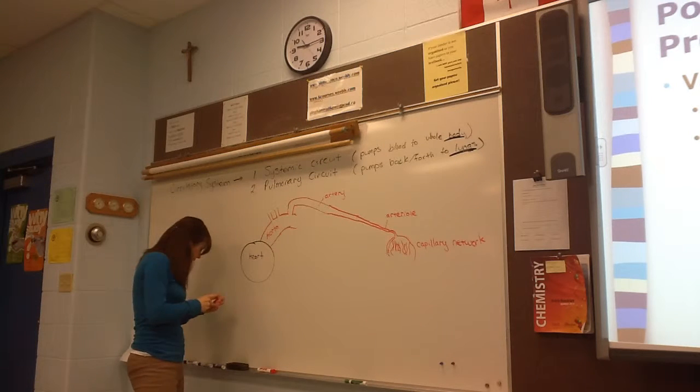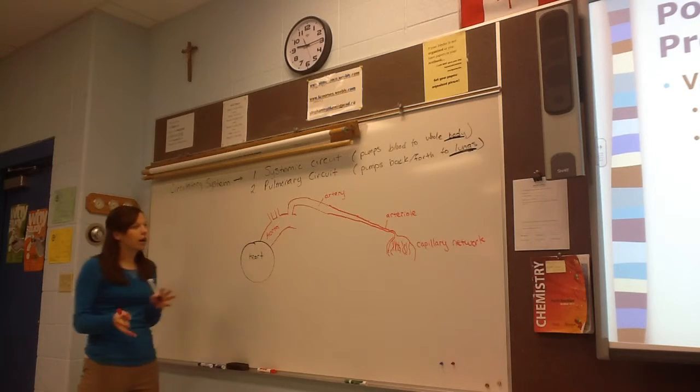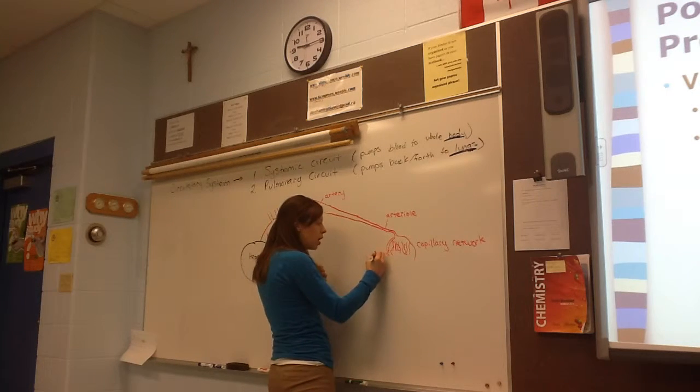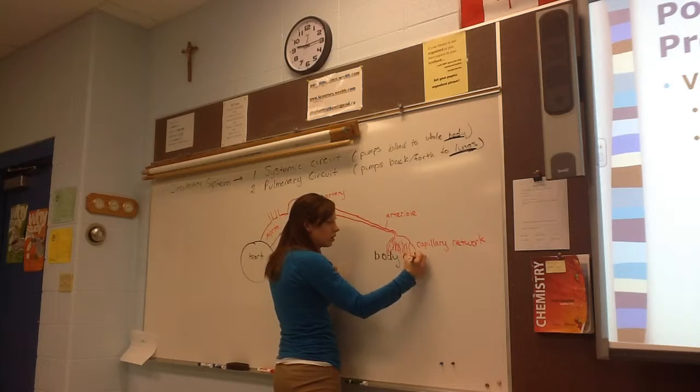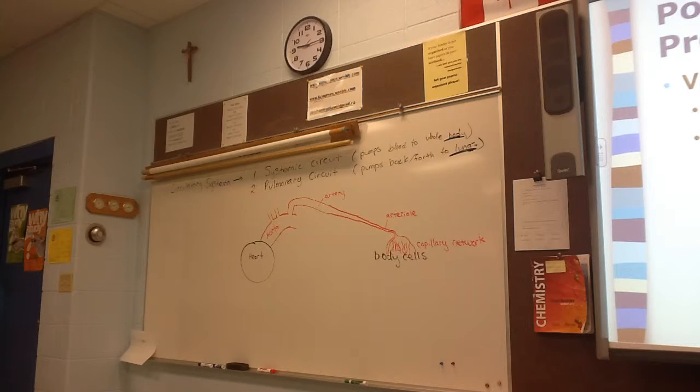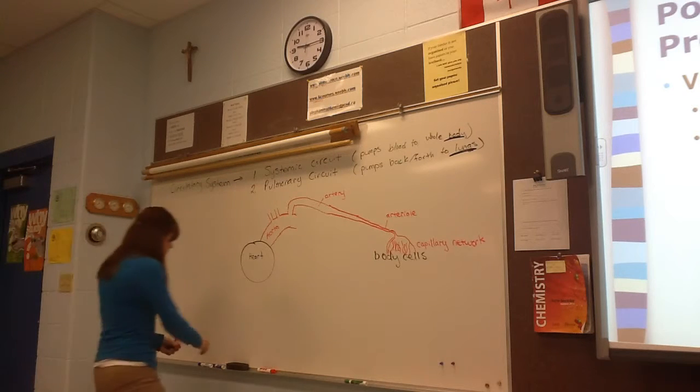So if this is oxygenated blood leaving the heart, this needs to go to all of our body cells. So this is the oversimplification now. Your sheet showed that it goes to the head and arms, internal organs, and legs. I'm just simplifying it and writing body cells for all three, okay?